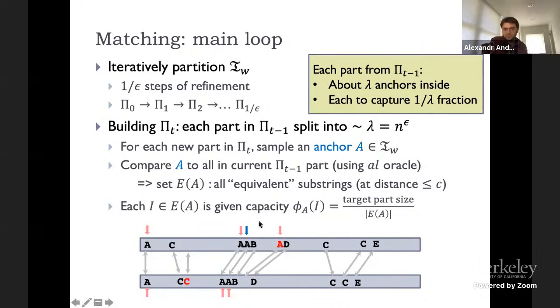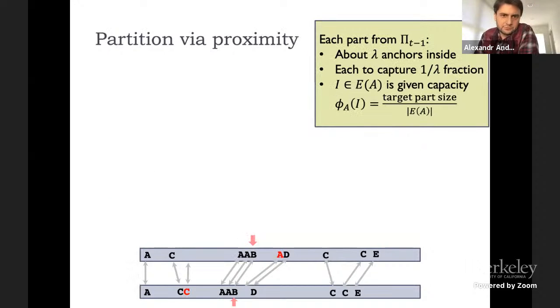So what we'll do is give them some kind of capacity, which is basically the target part size divided by the number of them, right? So together this entire set of equivalent substrings has to create a part of certain size, ignoring the numbers. So each of them will be responsible for an equal amount of things to capture.